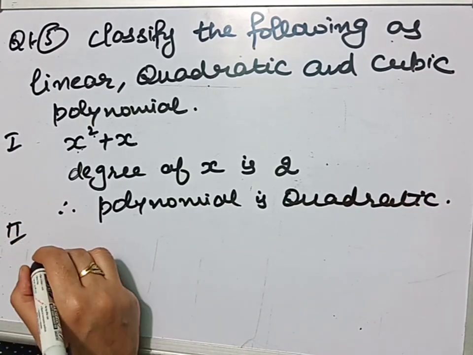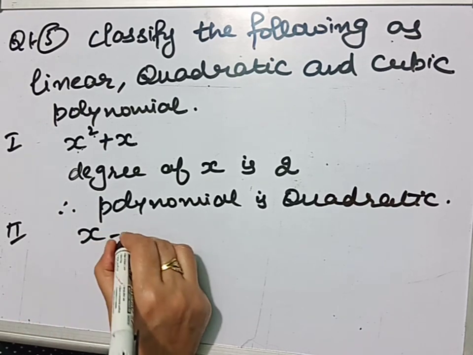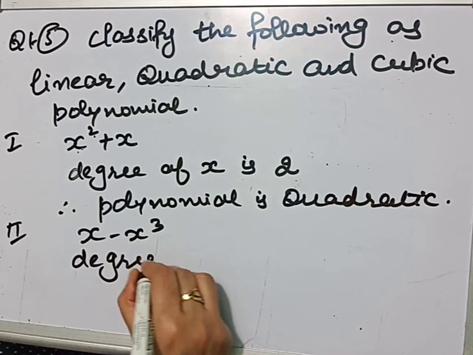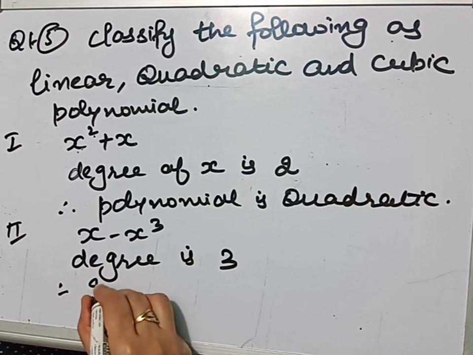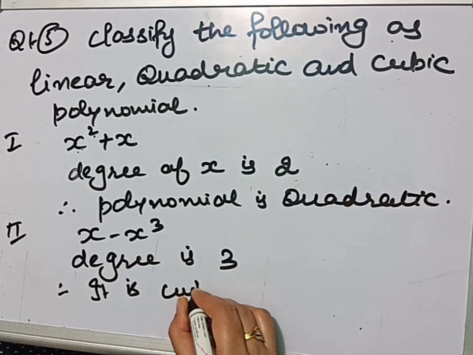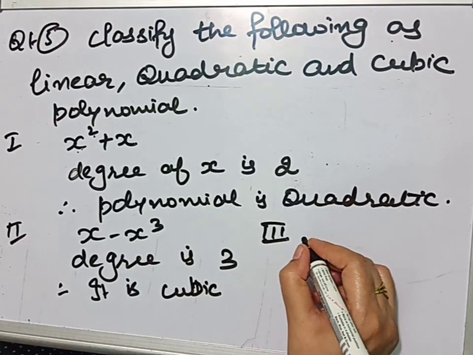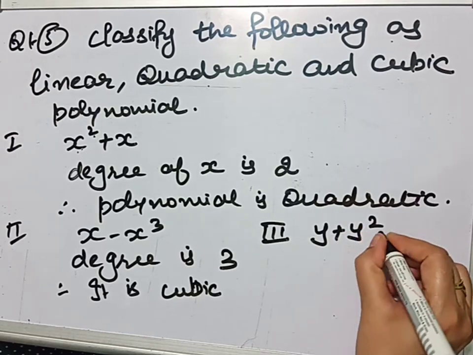Second part is x minus x cube. Degree is 3, therefore it is cubic. Question number 3, y plus y square plus 4.